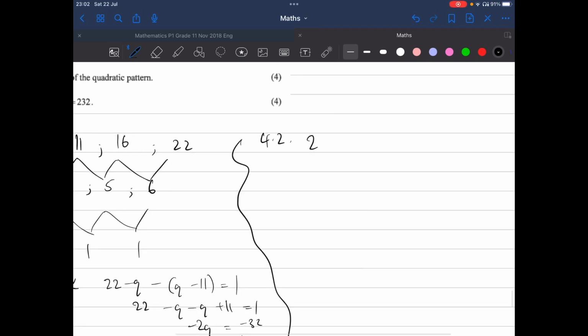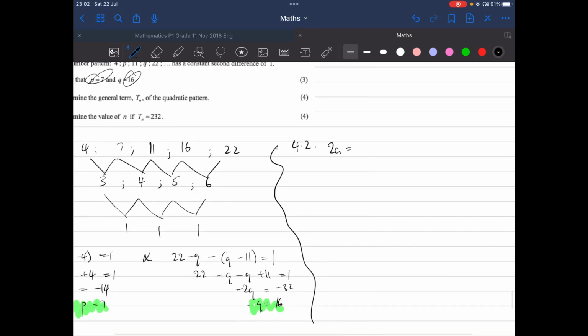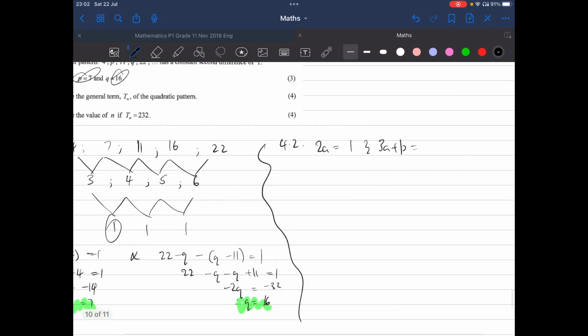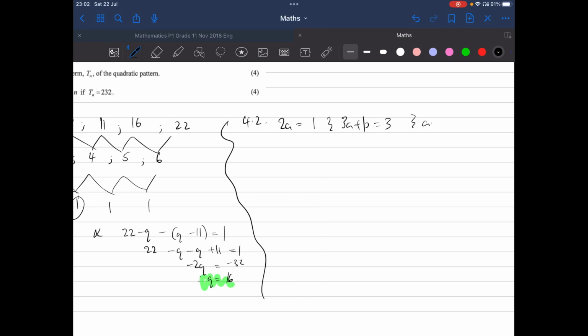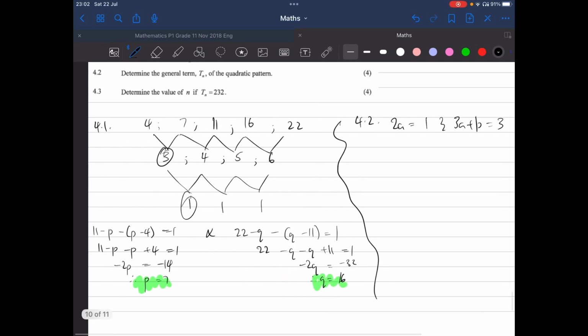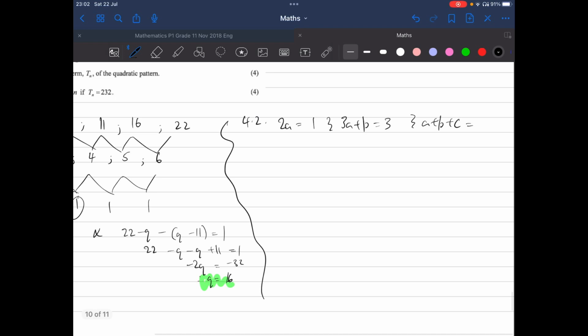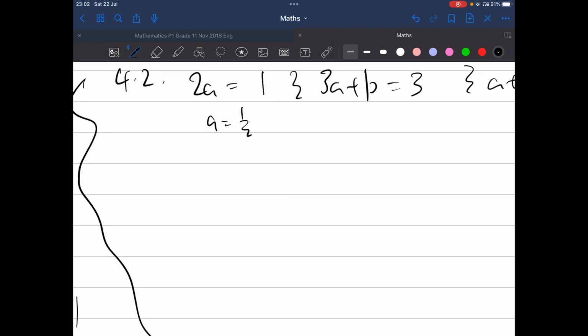So we can say that 2a is equal to 1, and 3a plus b equals 3, and a plus b plus c equals 4. Cool. So a equals a half, right?